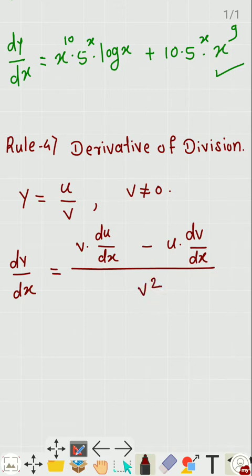Okay, so this is the rule of differentiation of division of two functions.